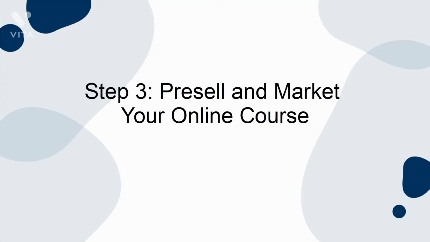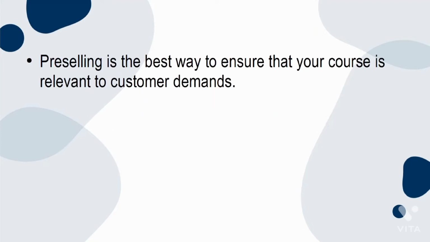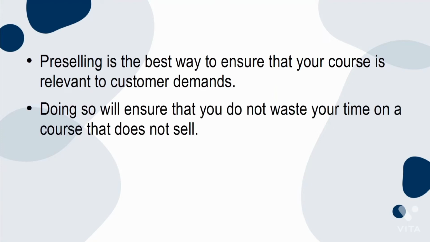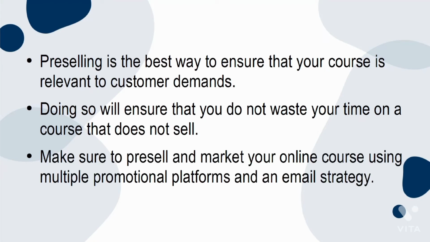Step 3. The next thing to check off your pre-launch course checklist is pre-selling and marketing your course. Pre-selling is the best way to ensure that your course is relevant to customer demands. Doing so will ensure that you do not waste your time on a course that does not sell. Make sure to pre-sell and market your online course using multiple promotional platforms and an email strategy.